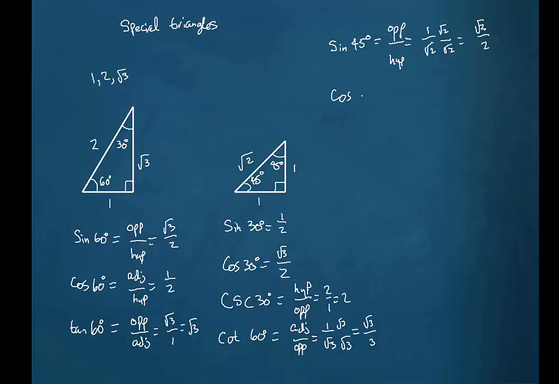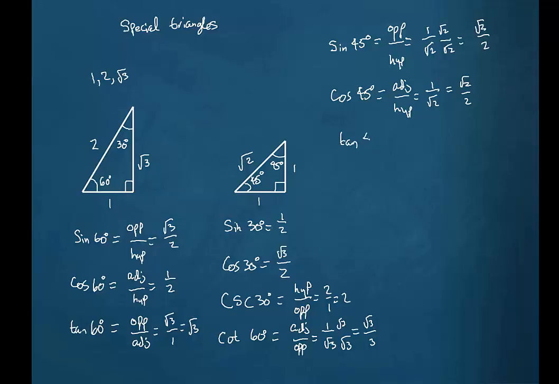The cosine of 45 degrees would be the adjacent over the hypotenuse. But then again, we find the same values since the sides are the same, and we would wind up with the square root of 2 over 2 after rationalizing.